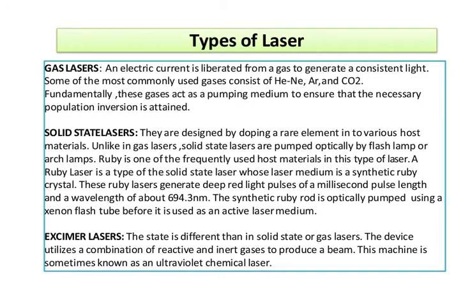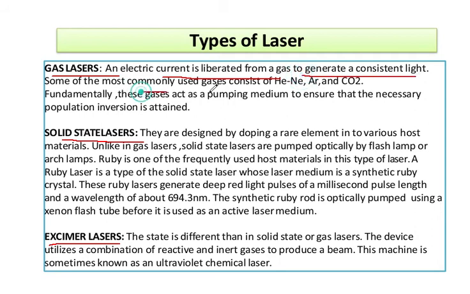Now we have discussed so many things about laser. Basically, if I want to say what the types of laser are, I must say gas laser, solid state laser and excimer laser. What is a gas laser? An electric current is discharged through gas to generate a consistent light.